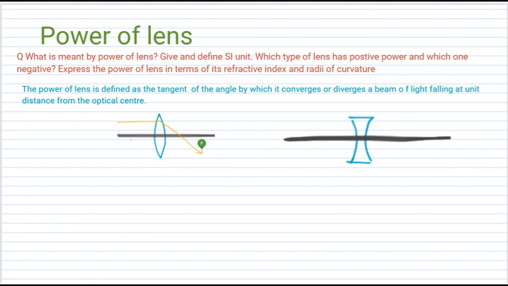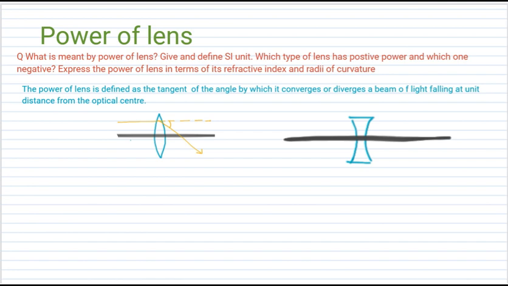Now actually the incident light should have traveled in this direction. It forms this angle. So the power of lens is defined as the tangent of the angle. Can you see this is the angle? This is the line drawn along the angle. So this is the tangent of the angle, the one arm of the angle.